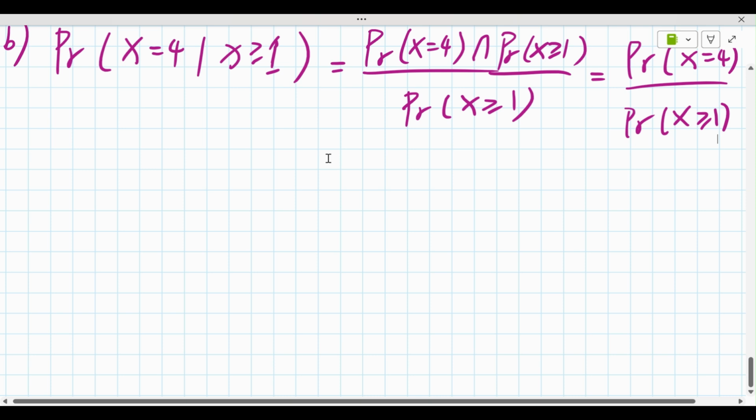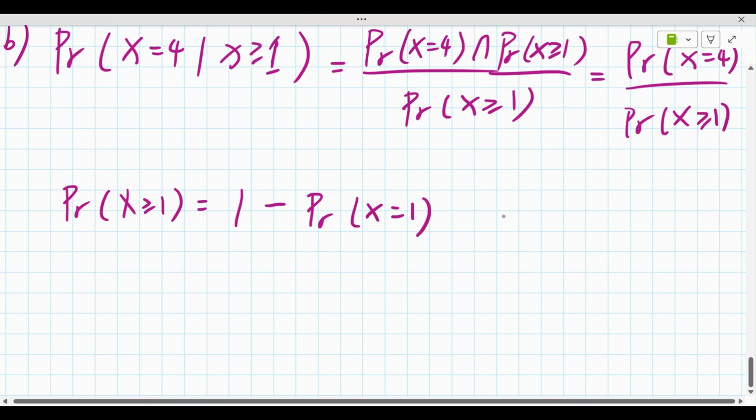Now what is the probability of x greater than or equal to 1? Can we just say it's 100% minus the probability of 0 goals? Because you're never going to score 0.5 in netball.